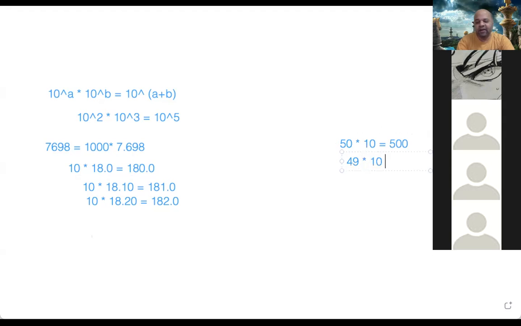Will you keep calculating, or will you just say it is 490? You just add a 0 to the end. Yes, sir, 490. So actually it is not just adding 0, it is shifting the decimal point. Actually 50 is nothing but 50.00, and 49 is nothing but 49.00, and when you multiply by 10, you shift the decimal point to the right.